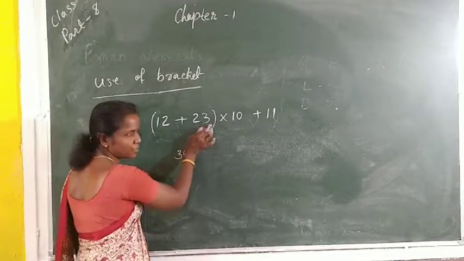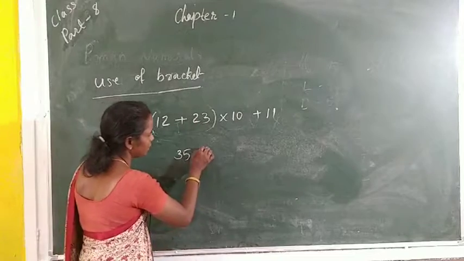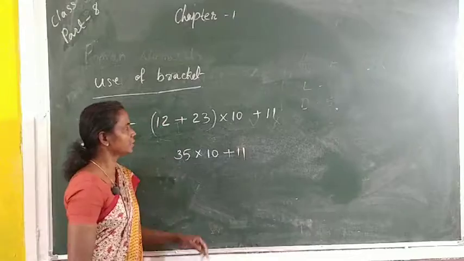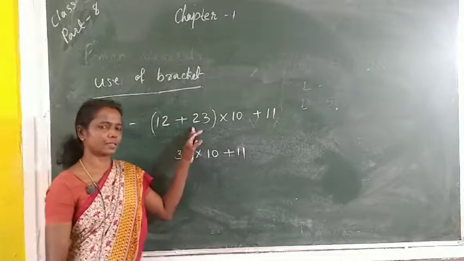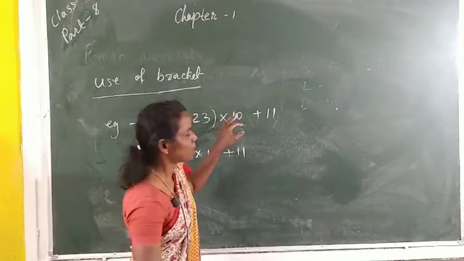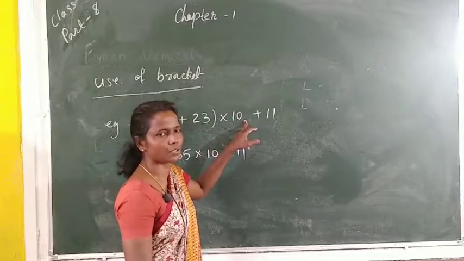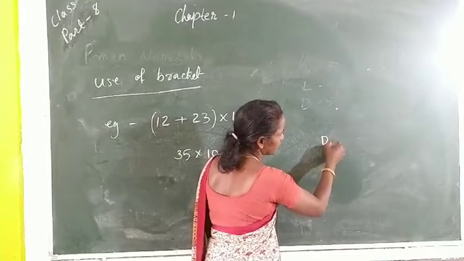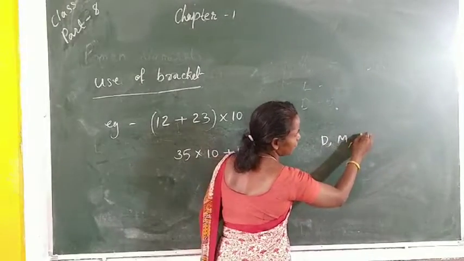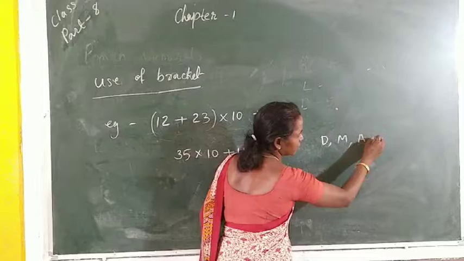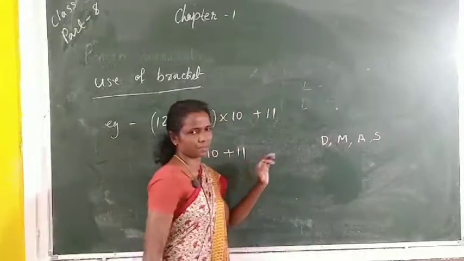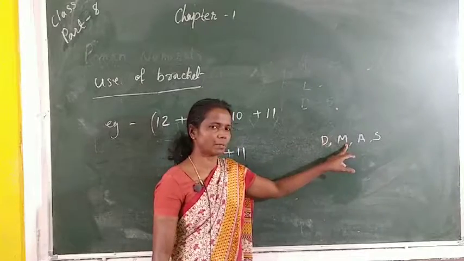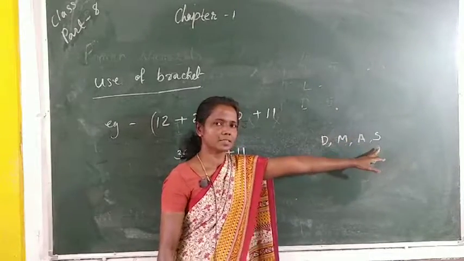Then, after solving inside the bracket, we do the operations outside according to the sequence: first division, then multiplication, then addition, and last subtraction. First division, then multiplication, addition and subtraction.